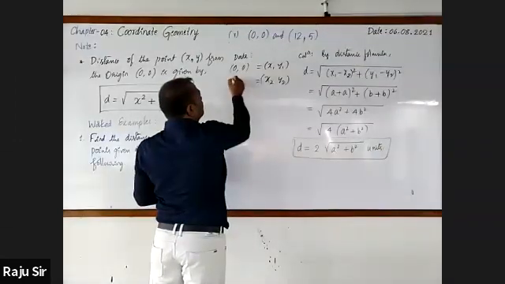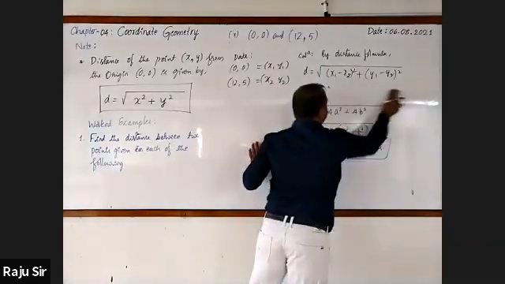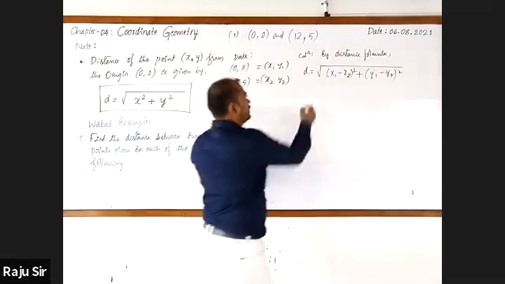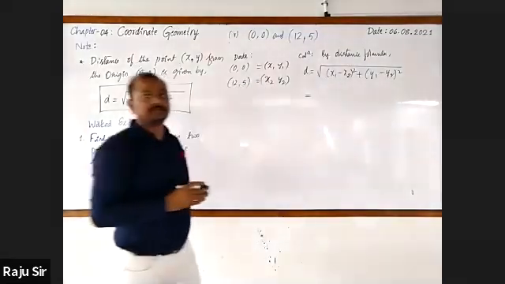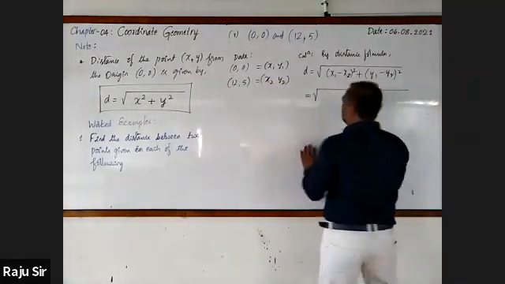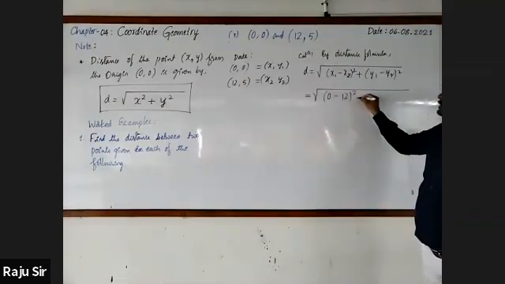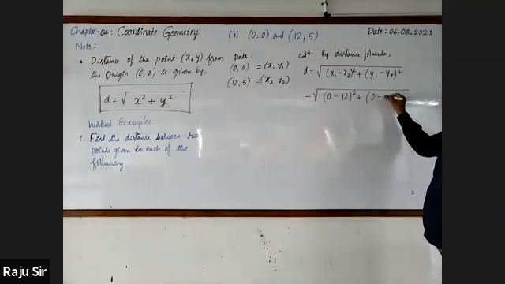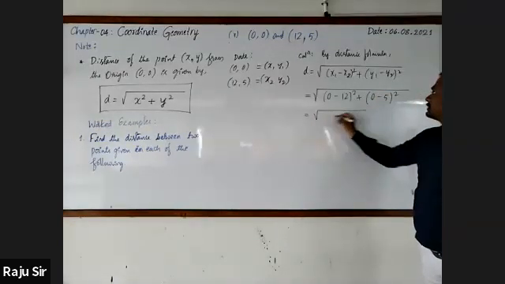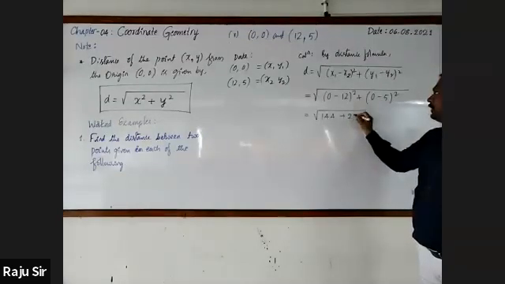0, 0. This is 12, 5. Use the formula. It is square root of 0 minus 12 whole square and 0 minus 5 whole square. 12 square is 144. 0 minus 5 whole square is 25.